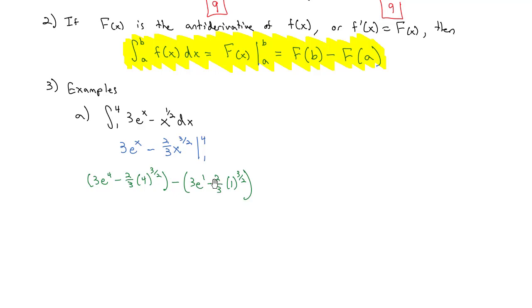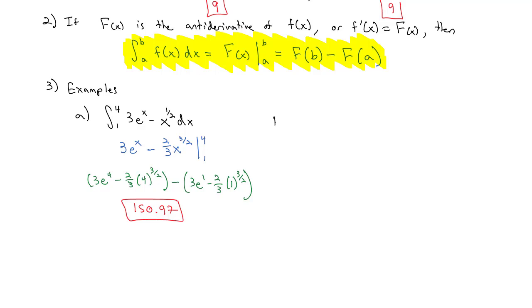It's going to have to distribute into both of them. Or I can just type this into my calculator with the parentheses exactly like it looks, and I should get 150.97. Which means the total amount of change that has happened between 1 and 4 of 3e to the x minus x to the 1/2, or the square root of x, is 150.97 units.